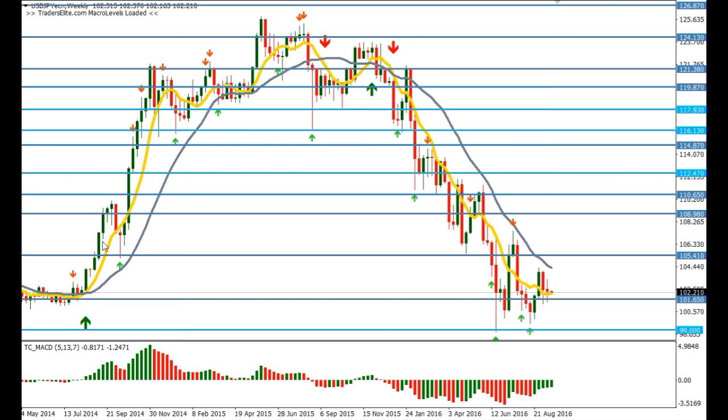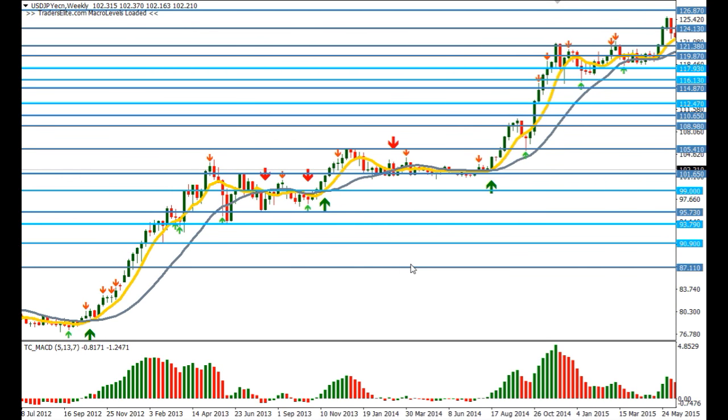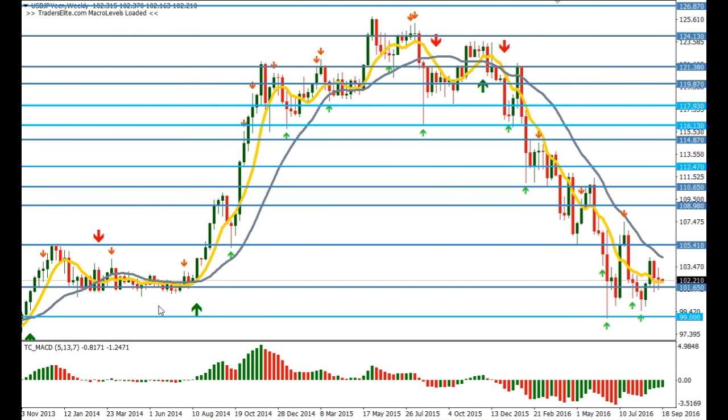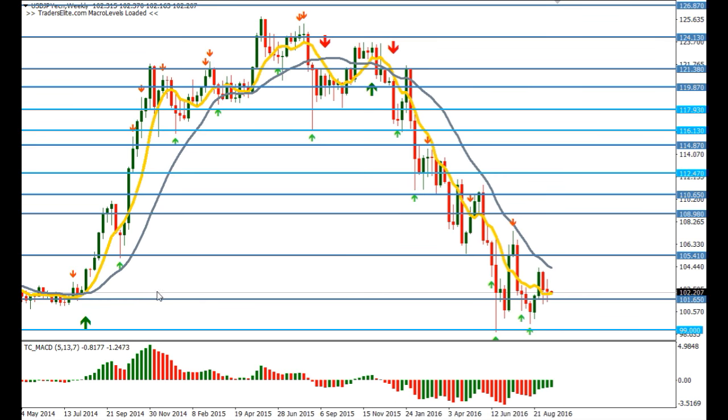Now, last year we saw a fantastic rally on the dollar yen, but since late January this year, we've seen a fall really back down to this 101.65 level. So you can see here, just looking back historically, that this 101.65 has played a real role in support at this point, but also previously as well.